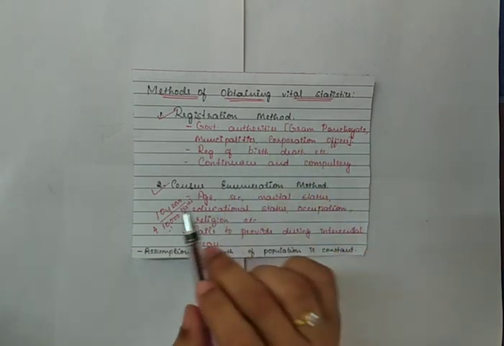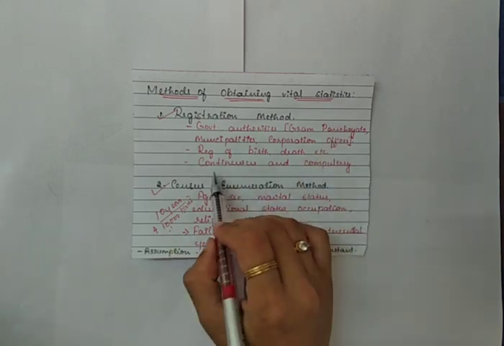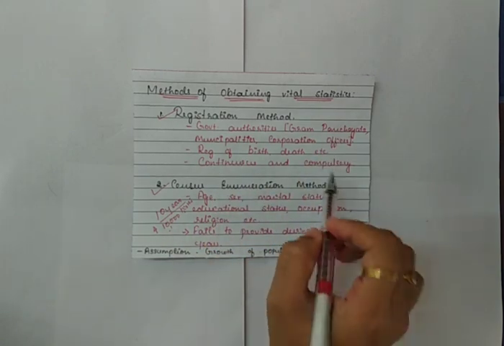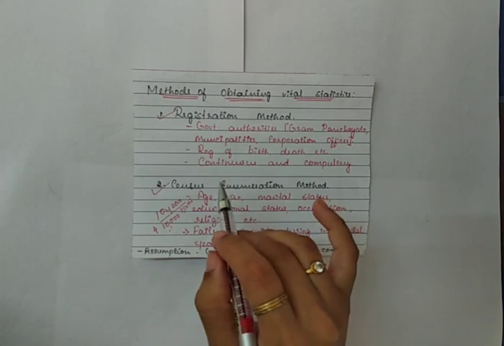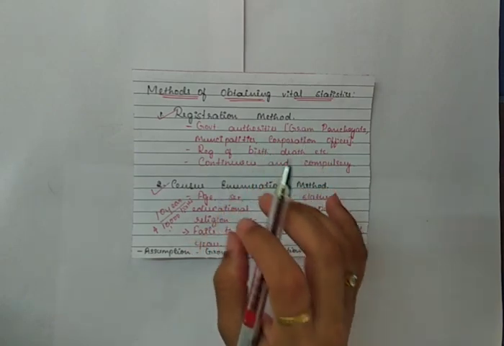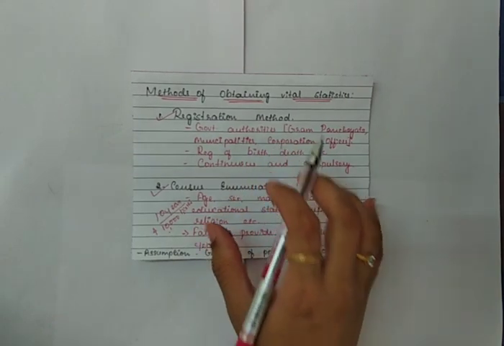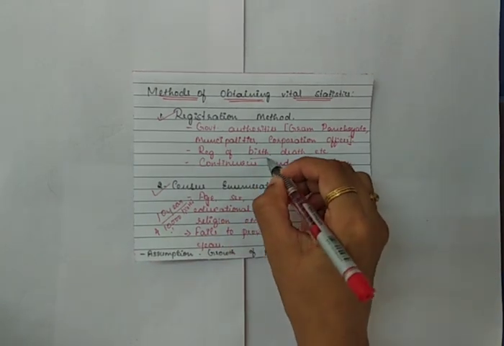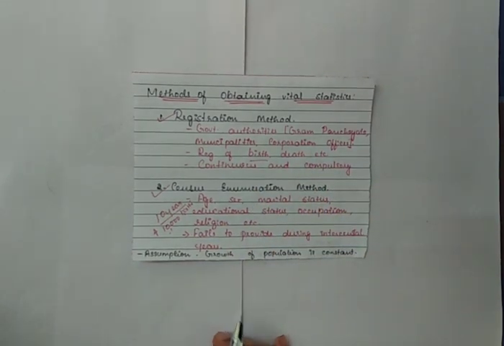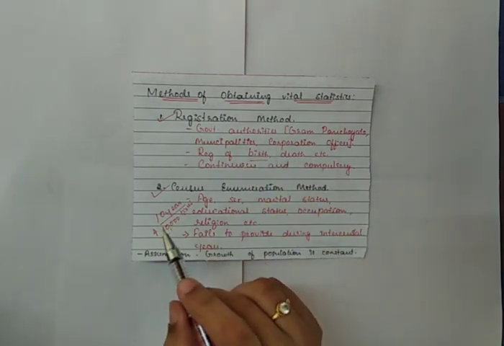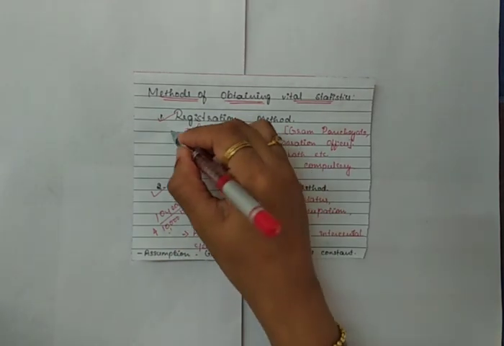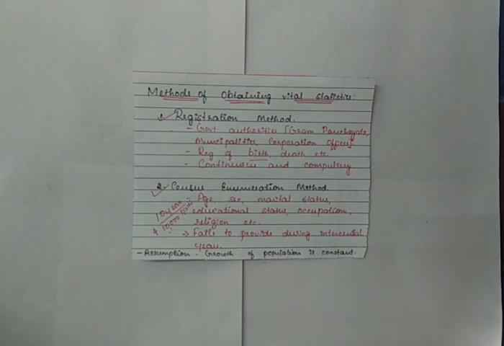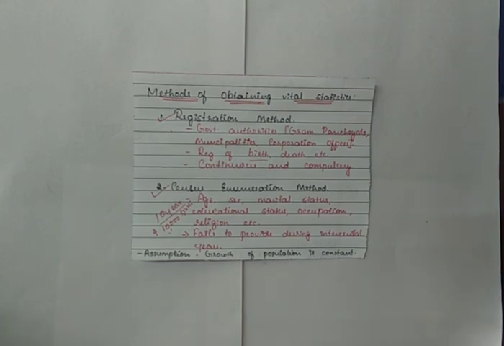It is a continuous and compulsory process. If any birth takes place, first we should register at the registration office of government authorities. So, this is one source through which we can obtain vital statistics.